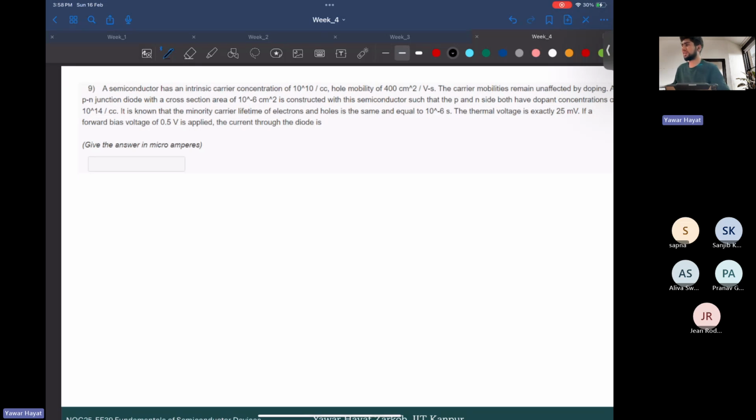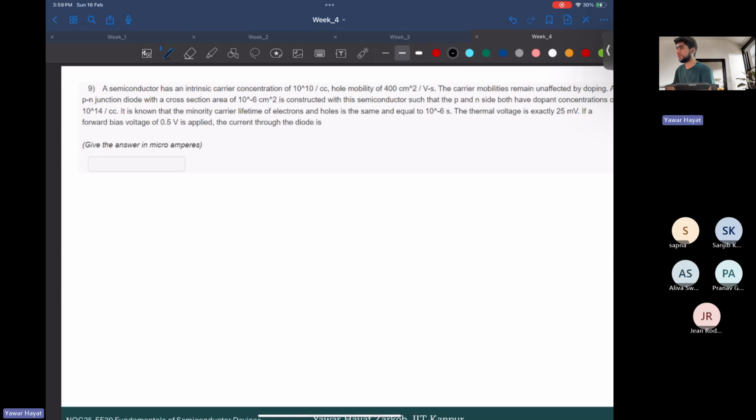Now a semiconductor has an intrinsic carrier concentration of 10 to the power 10 per cubic centimeter. Your hole mobility is 400 centimeter square per volt second. The carrier mobilities remain unaffected by doping. A PN junction diode with a cross-section area of 10 to the power minus 6 centimeter square is constructed with this semiconductor, such that your P and N sides both have dopant concentrations of 10 to the power 14 per centimeter cube.